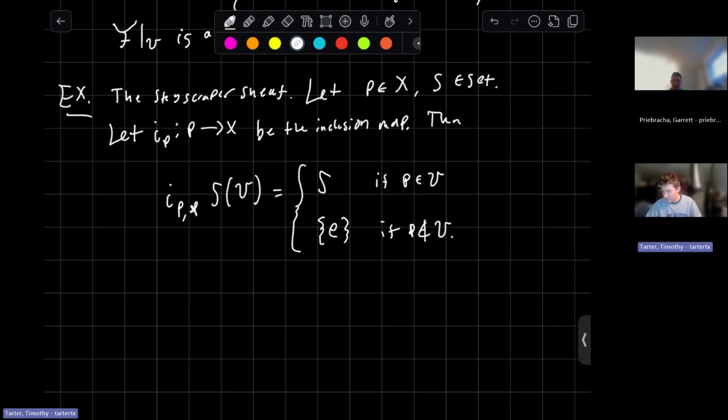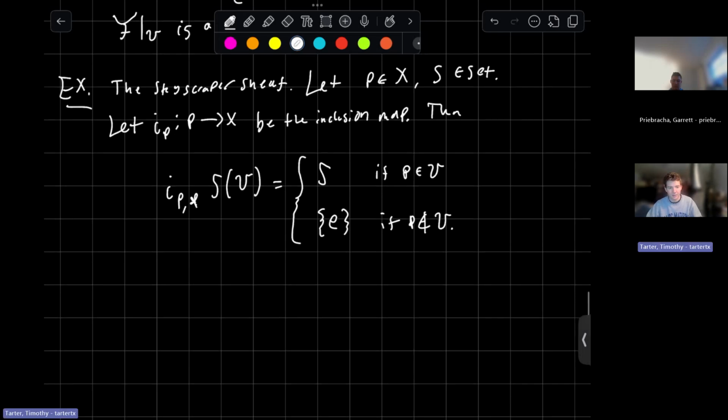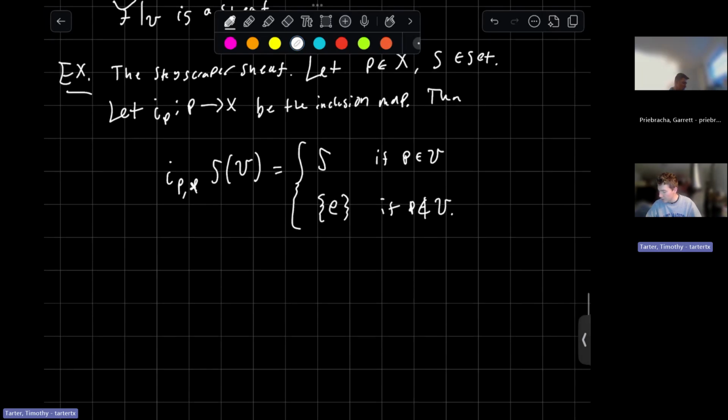Basically, you can define the same idea as the skyscraper sheaf, except you can remove the notion of P. And so you can just say that S of U is equal to S for all open sets, and this forms the constant sheaf. Sorry, it's a pre-sheaf. This isn't in general a sheaf.